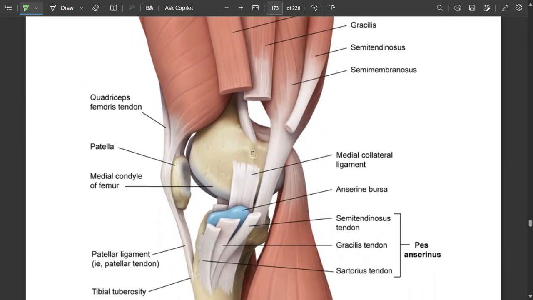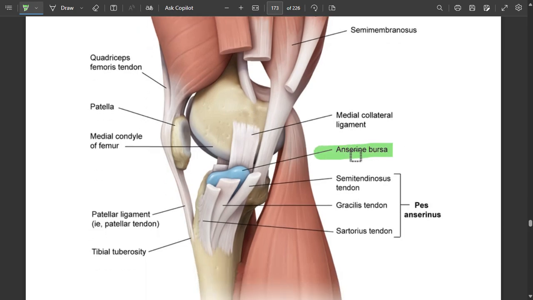So where is the anserine bursa? It is here, beneath the pes anserinus. The pes anserinus represents three different tendons: the sartorius tendon, the gracilis tendon, and the semitendinosus tendon, remembered as SGS.